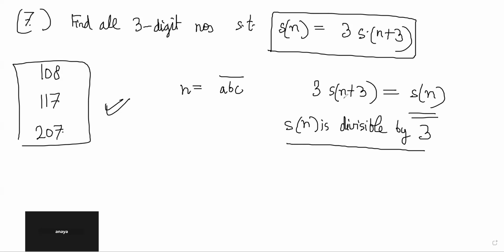Then if you add 3 to it, it will still be divisible by 3. So we can say that if S of n is divisible by 3, S of n plus 3 is also divisible by 3.